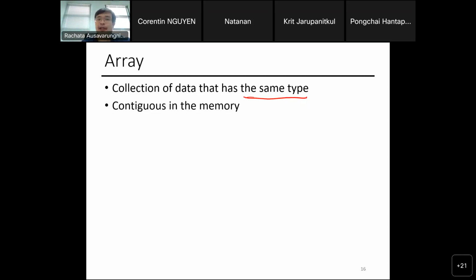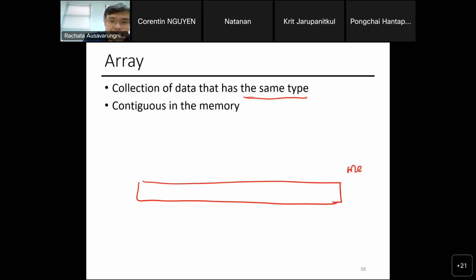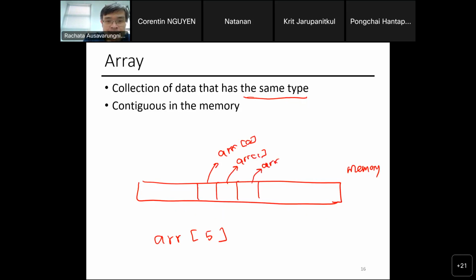So let me visualize what an array is. When I say contiguous, let's say this is your memory. When I declare an array of 5 items, it means that the first item will be here, next to the next item, which again will be next to the next item: ARR2, ARR3, and then ARR of 4.